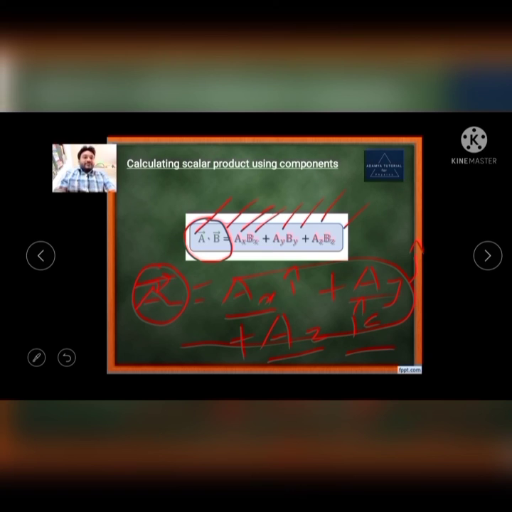So this is how you will calculate the scalar or dot product between any two given vectors if the vectors are given in terms of their components.